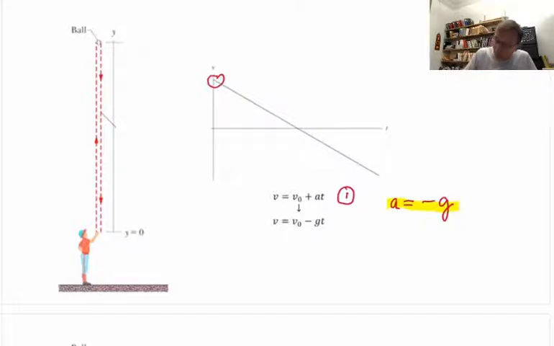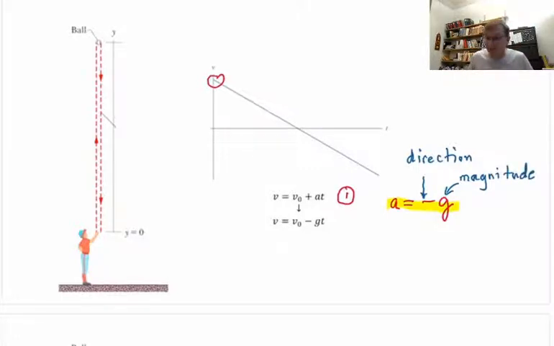So again, the negative sign represents the direction of the acceleration, and the symbol g represents the magnitude of the acceleration. I hope that's clear. So in the constant acceleration equation number 1, for the a, I substituted the expression negative g. And that's how I get this result right here.